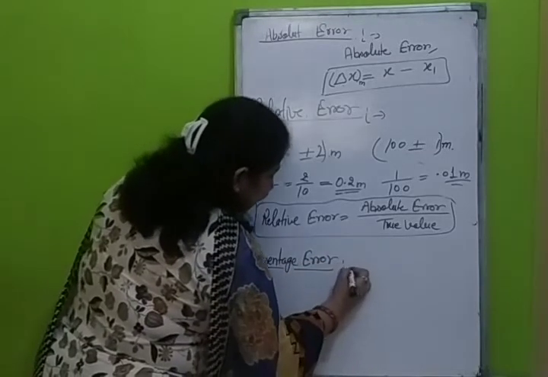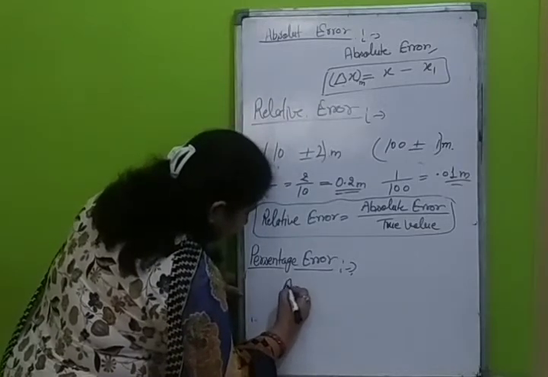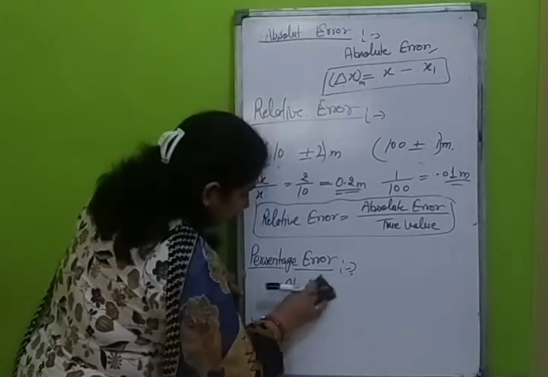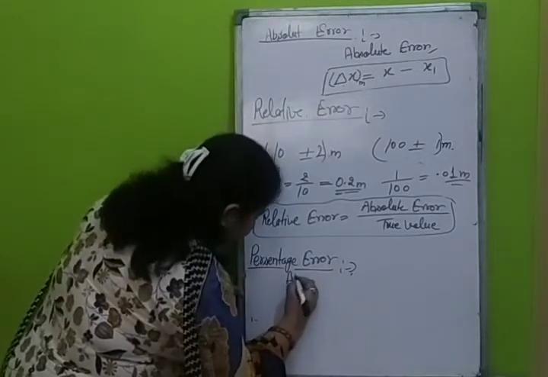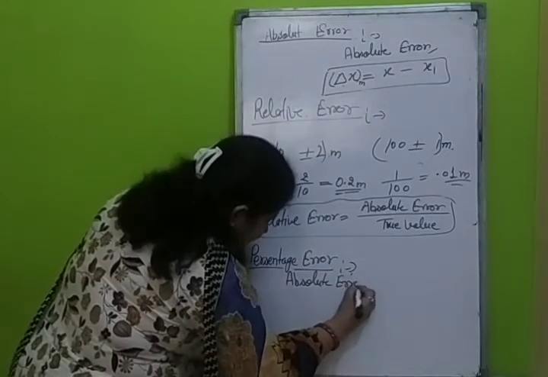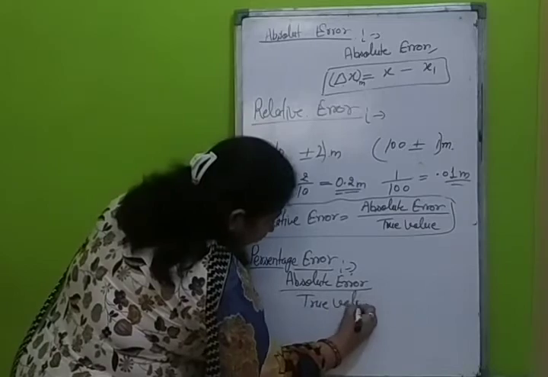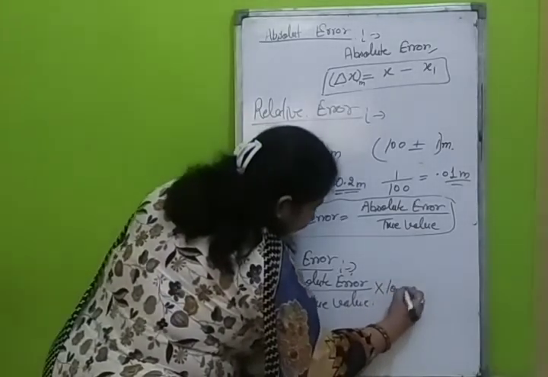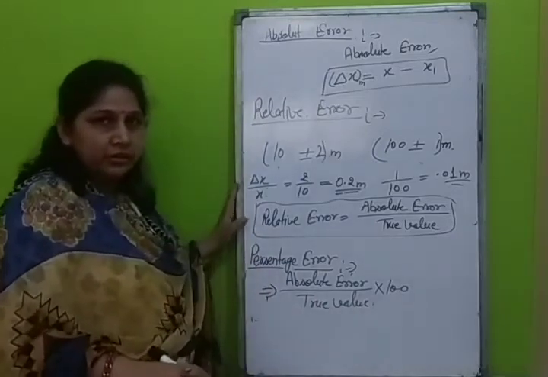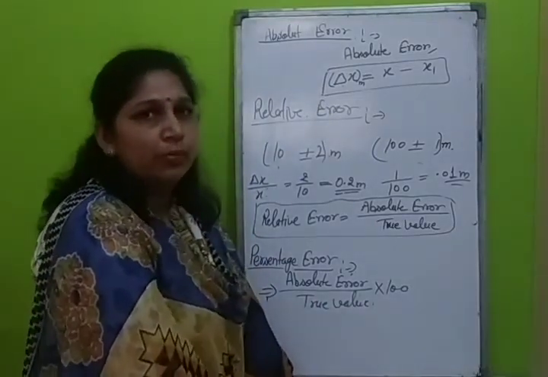What is the percentage error? Percentage error is absolute error upon true value into 100. This is percentage error. Got it? These types of error we will find in different types of numerical questions.